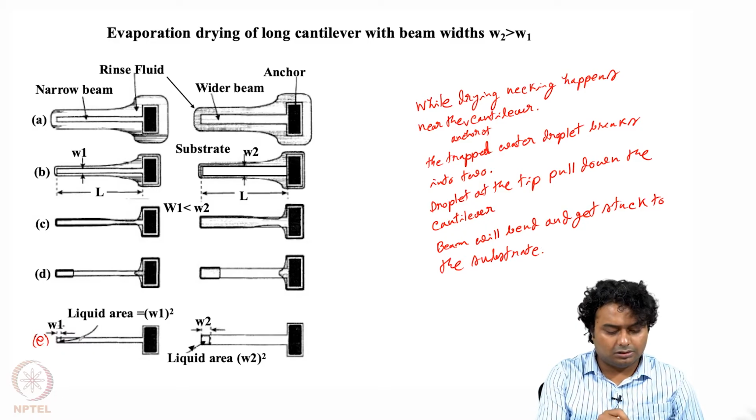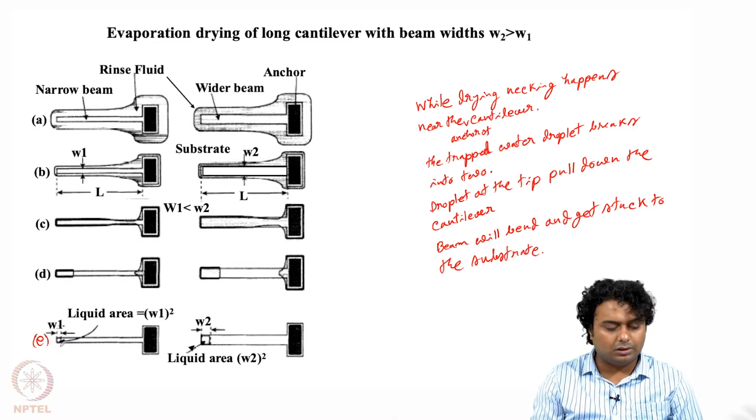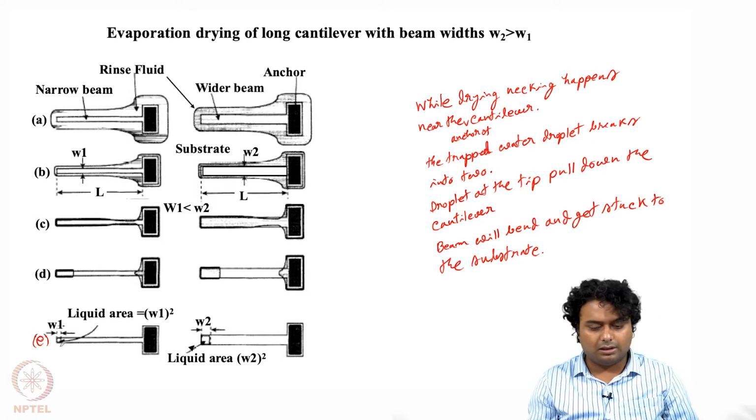So, this trapped water droplet near the tip will actually pull down the cantilever to bend, and stiction will happen.